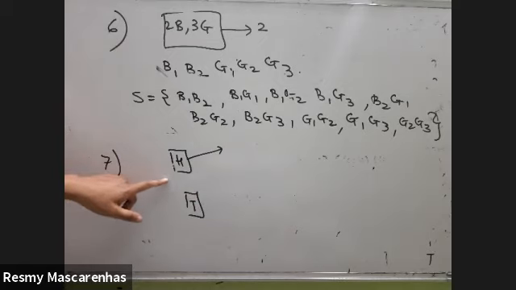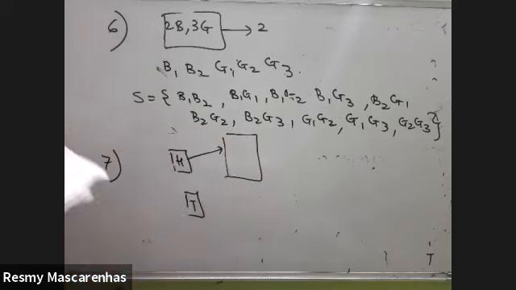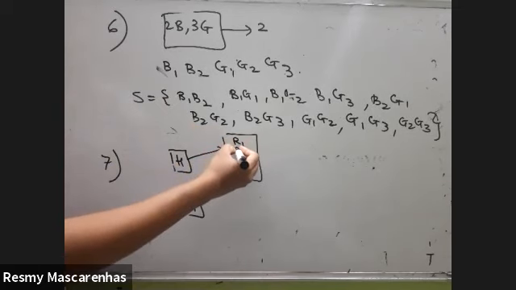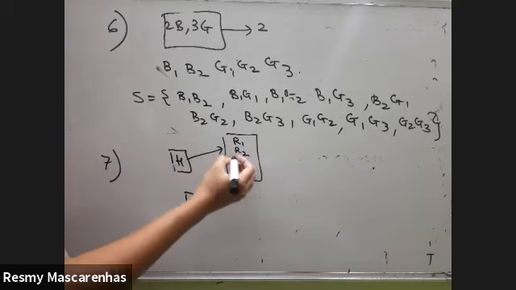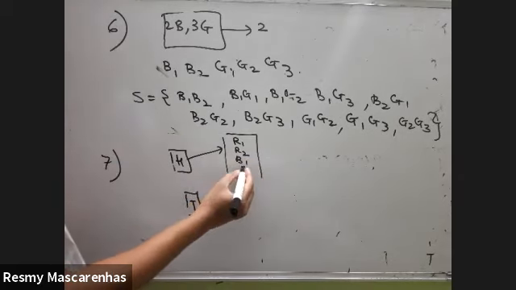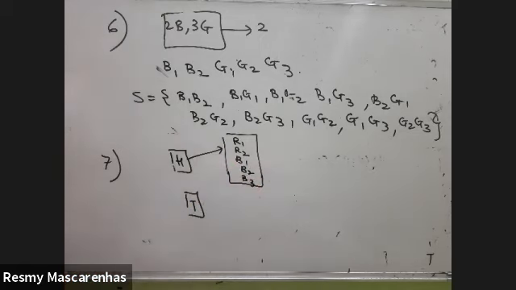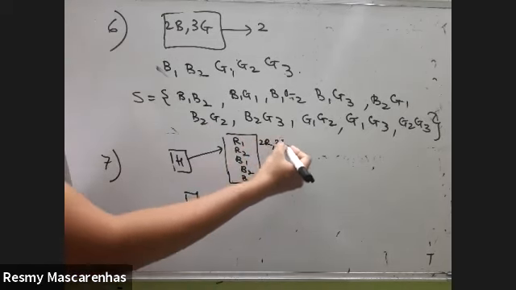If it shows a head, you have to draw a ball from the bag, which consists of two red balls, which you can name R1, R2, and three black balls, B1, B2, B3.